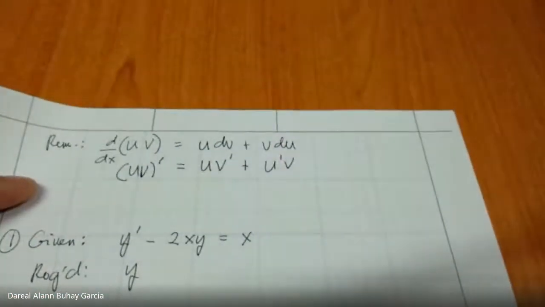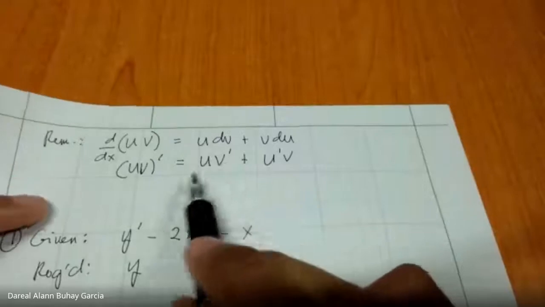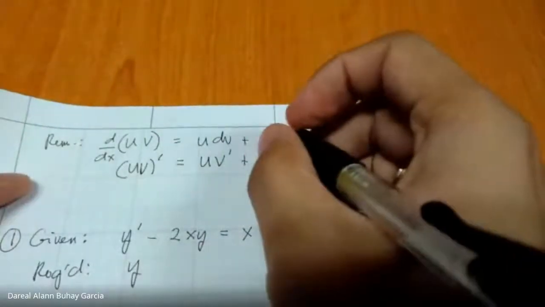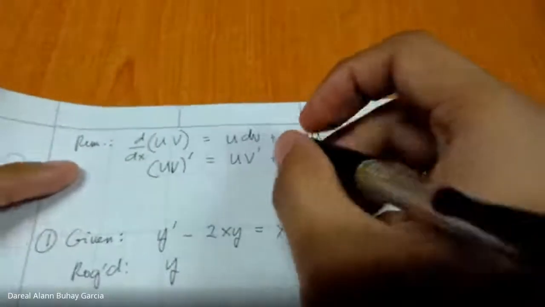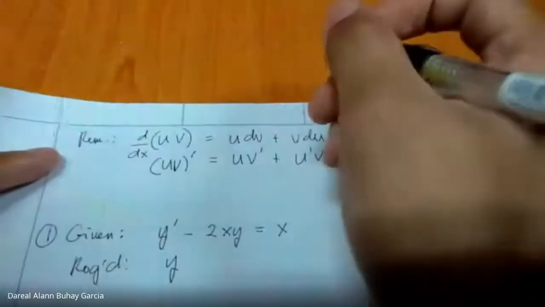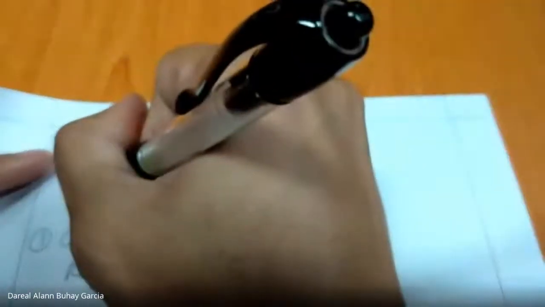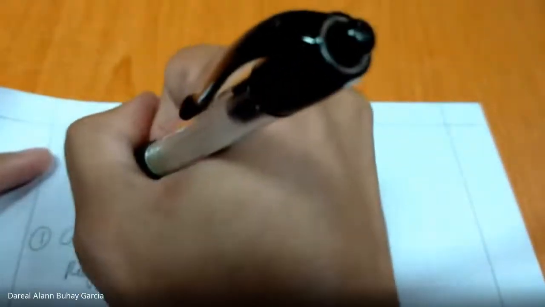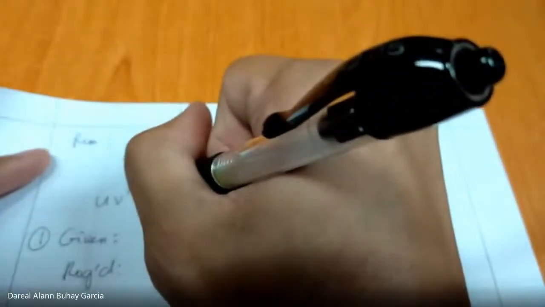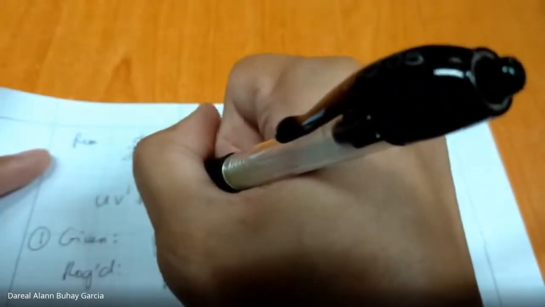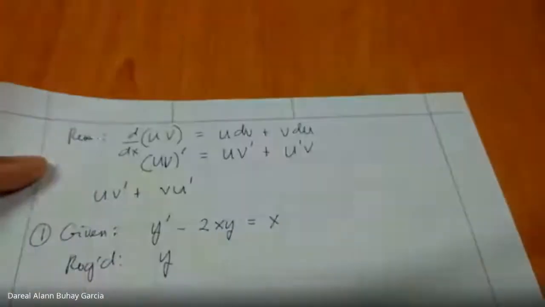Okay. So the inverse, of course, would also be true. What if we have two functions? Actually, four functions: u v prime plus v u prime.